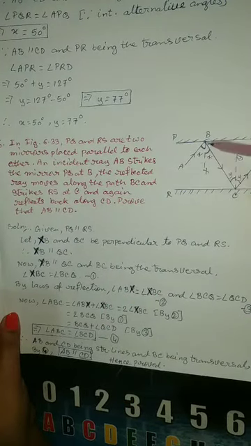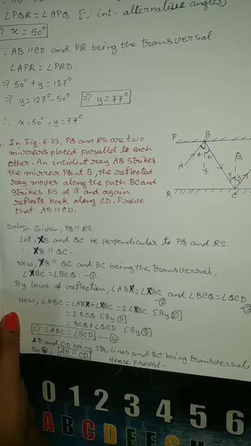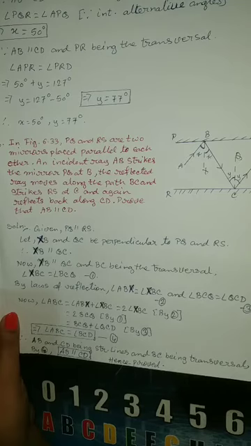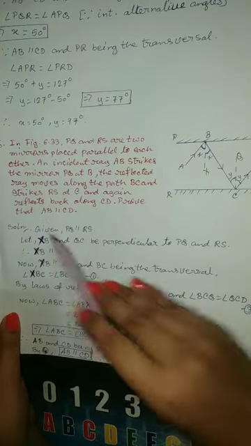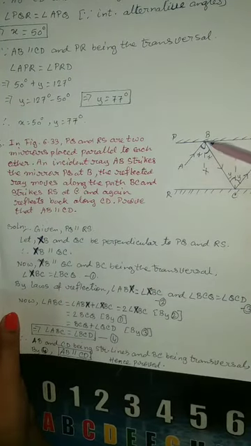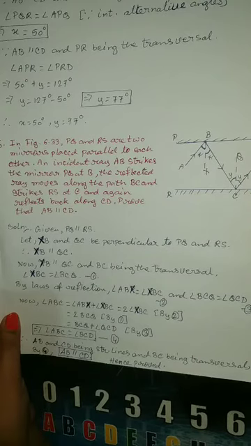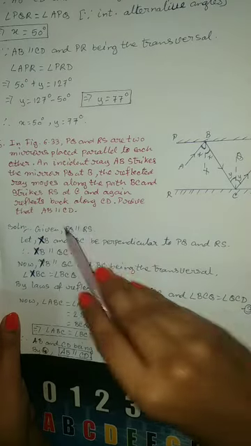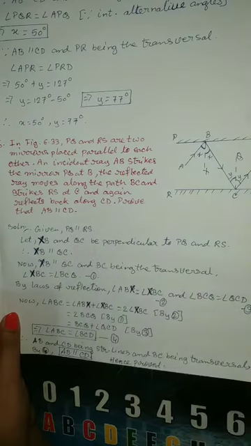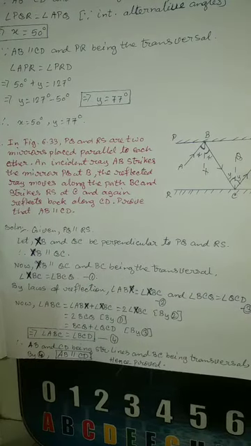So this is the path of the ray after getting reflected twice. We have to prove that this ray AB and the ray CD are parallel to each other. Now we have to prove that they are parallel.